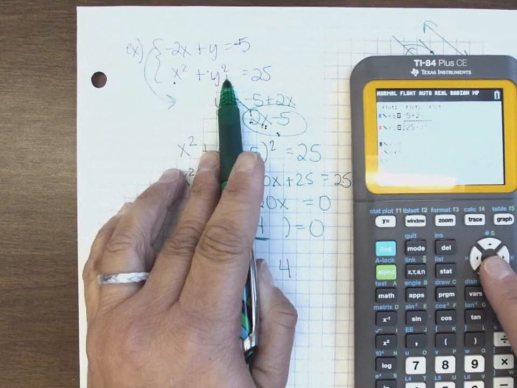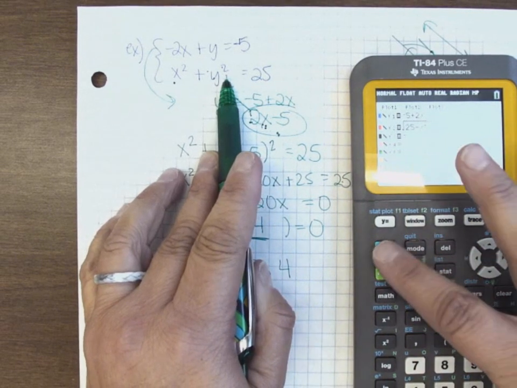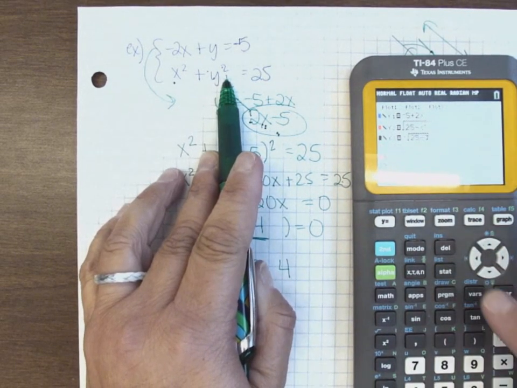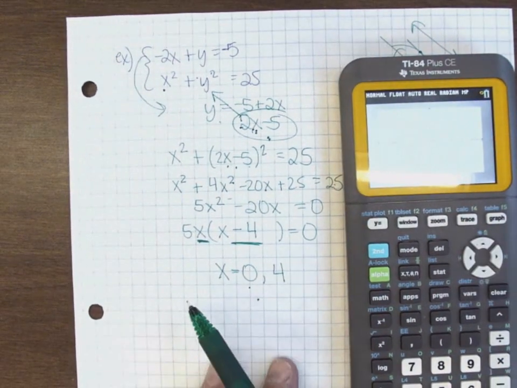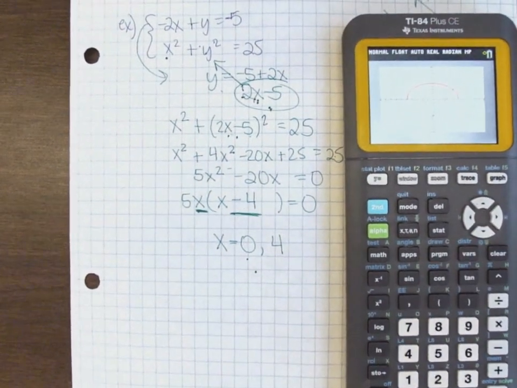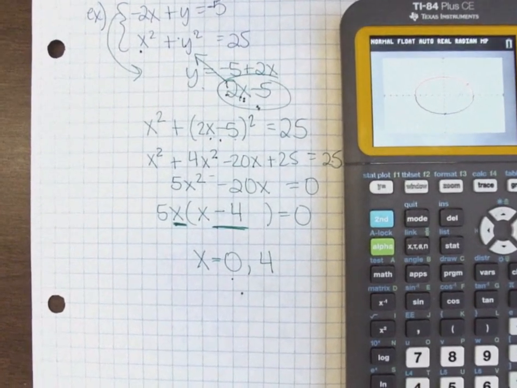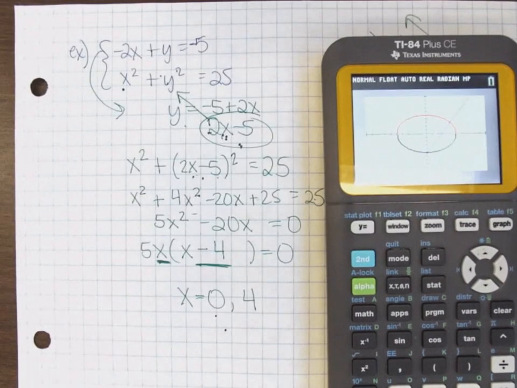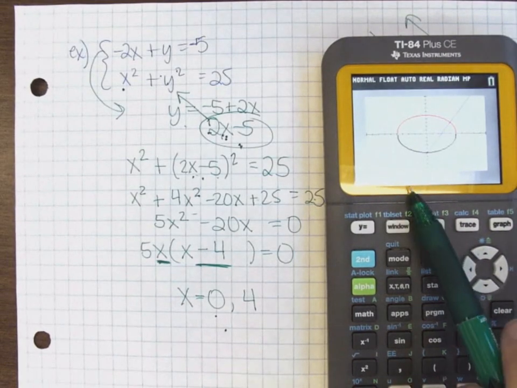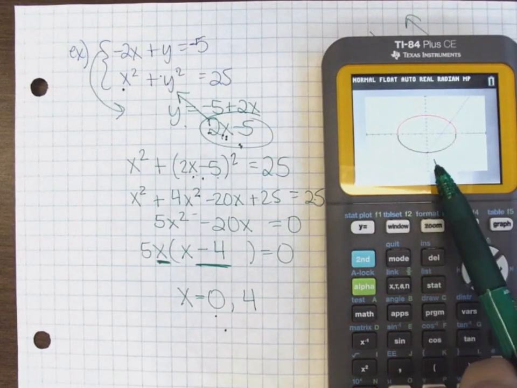And remember, when you square root, it's going to be a plus and a minus. So it's going to look like that. And now when I graph that, I know it's kind of hard to see, but you can see where they're going to intersect. Okay, it's kind of faint, but you can see they're going to intersect here and here.